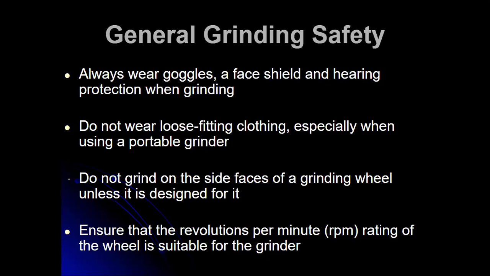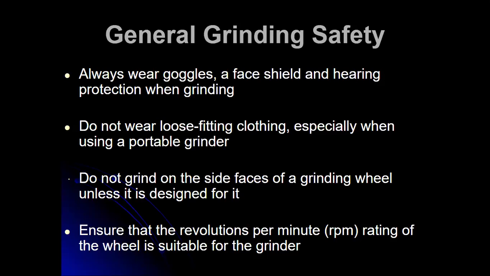One thing we do need to pay attention to as well, if we are changing discs on a grinder, a pedestal grinder or a hand grinder, any of that stuff, is this bottom point here: that the revolutions per minute, or RPM rating, of the wheel is suitable for the grinder. The disc is going to say 15,000 RPM is what it's rated for.